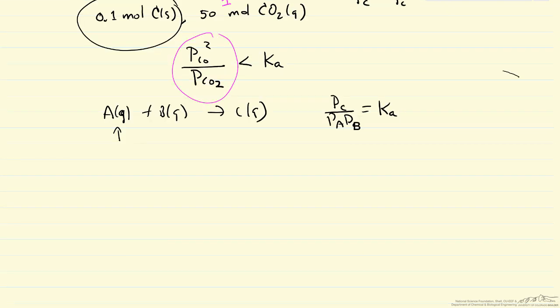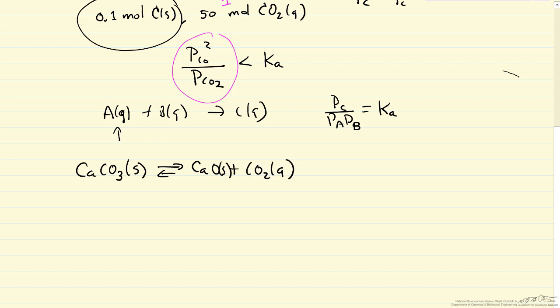Now, another very common example of a heterogeneous system is calcium carbonate decomposing to calcium oxide plus CO2 gas, calcium oxide being a solid. And we end up with the same issue where we could, for example, react all the calcium oxide away or all the calcium carbonate, depending on what temperature we're at, and not get to equilibrium. But here's something that's important that's different.